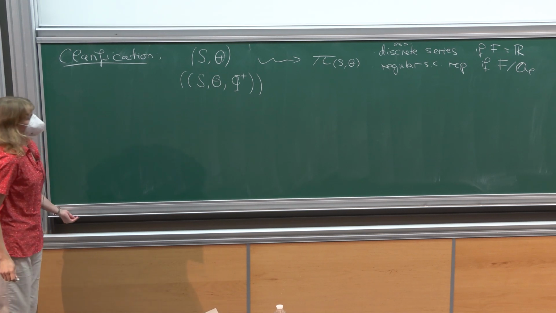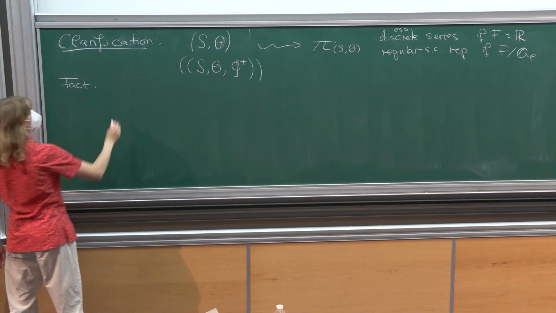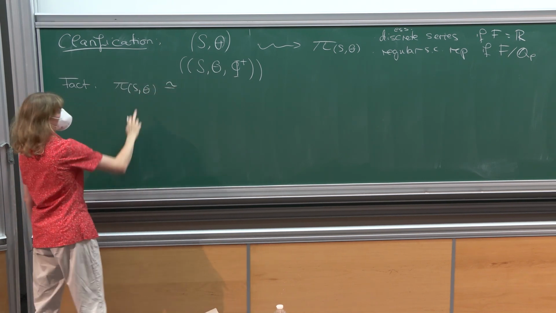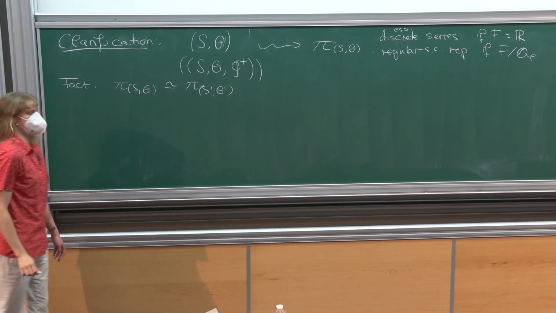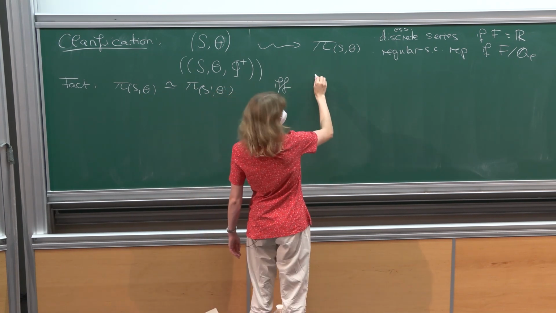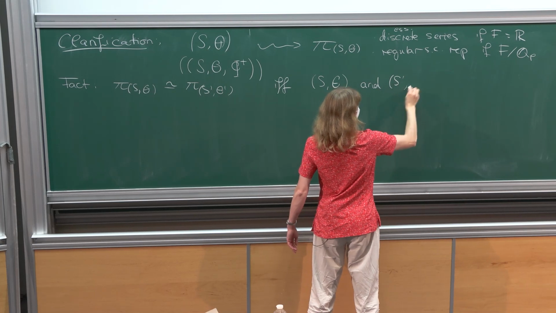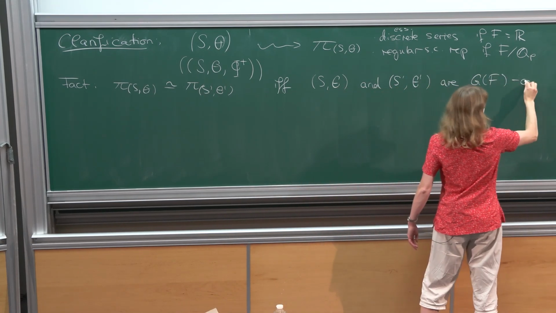And since I talked about parameterization, I just wanted to add the fact that I said in words that two representations attached to one pair, attached to another pair, another torus, another character, are isomorphic if and only if these two pairs are G(F) conjugate.